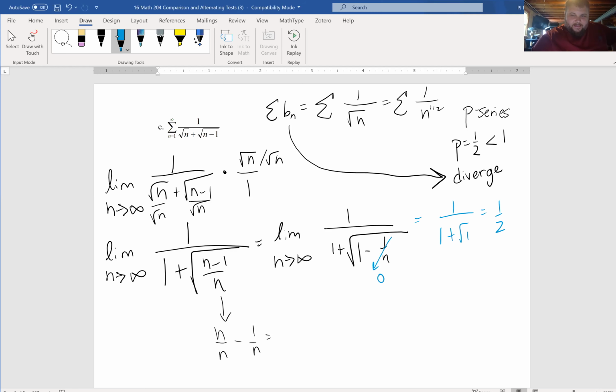That is a constant that is both real and greater than 0. Therefore, a sub n does whatever b sub n did. So it also diverges.